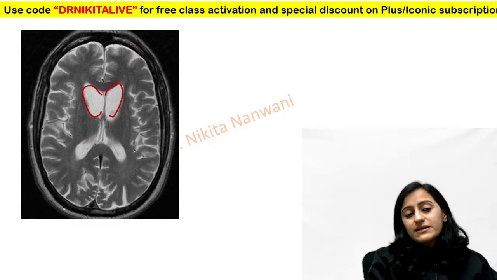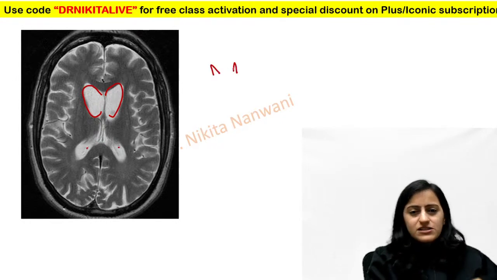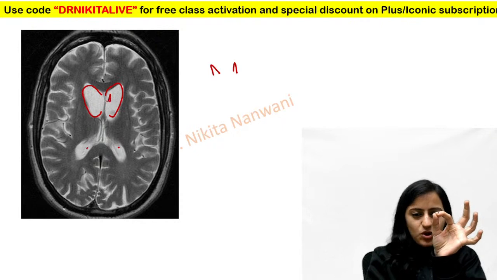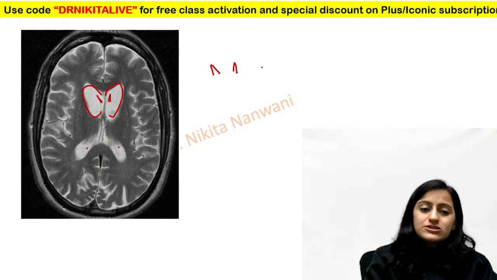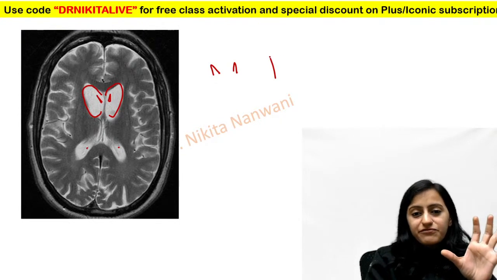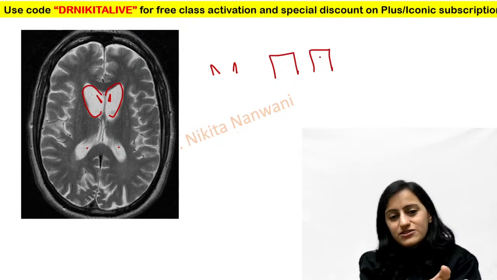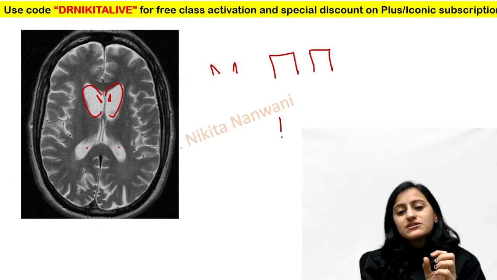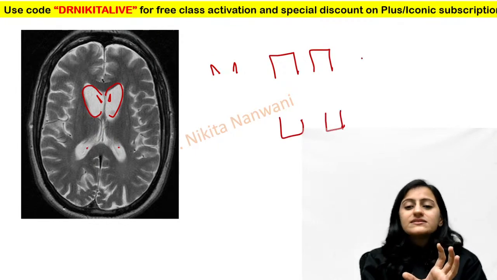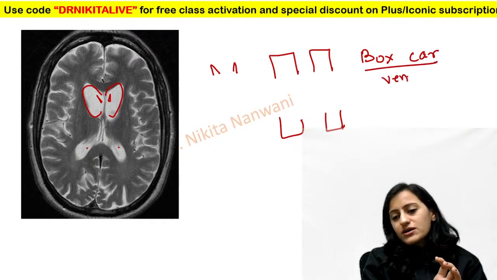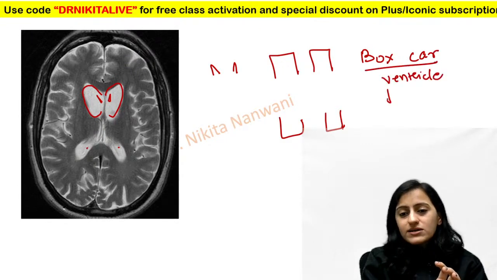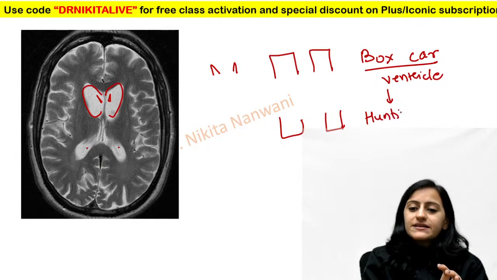They are as prominent as the posterior horns. Normally the frontal horns are pinched. They are very, very small. Here the frontal horns are dilated. So when you see the frontal horns, the front wheels of the car, dilated as much as the back wheels, this is called boxcar appearance. This is boxcar ventricles. Boxcar is seen with Huntington's disease.